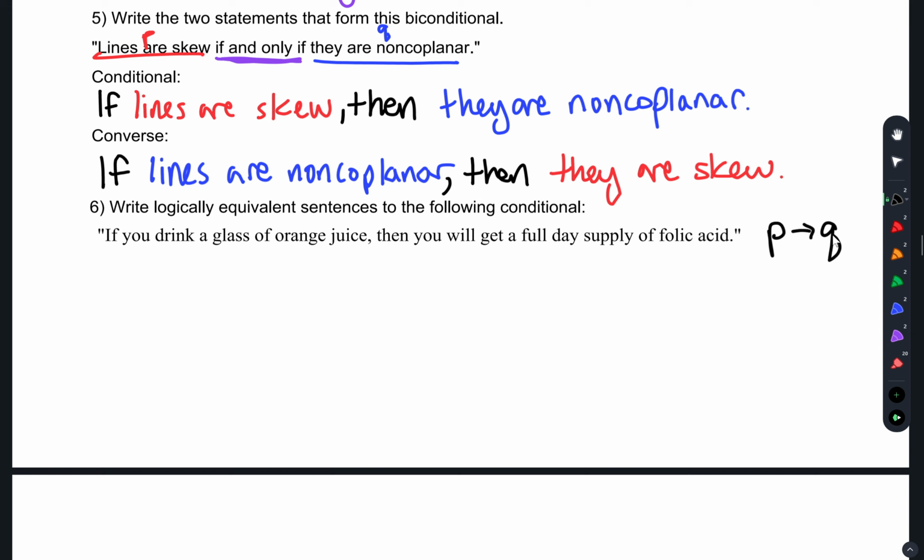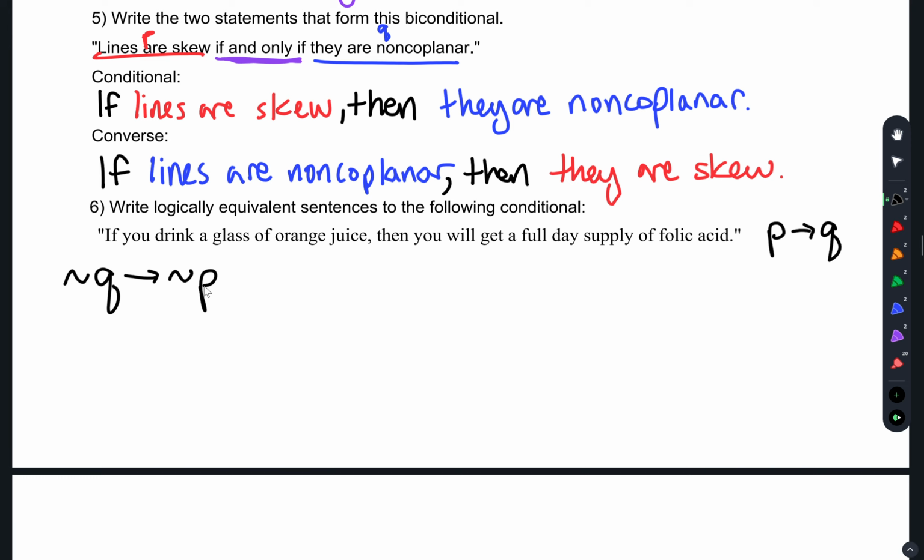I know 3 forms: converse, inverse, contrapositive. Which one is logically equivalent? Casper. The contrapositive. And what form does the contrapositive take? If this one is P then Q, then the contrapositive is what? Yeah. Not Q implies not P. It is both negative and it is flipped.